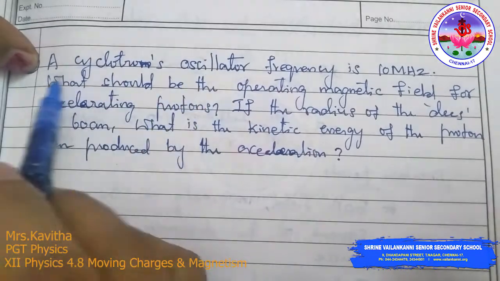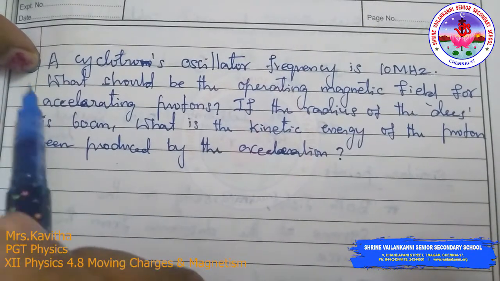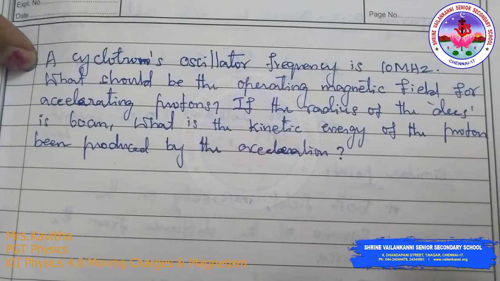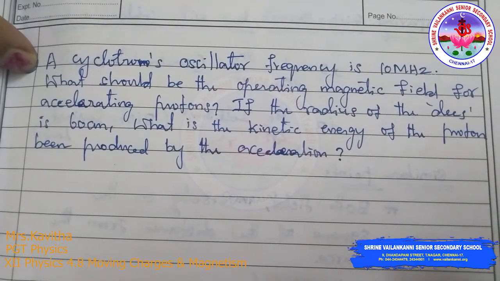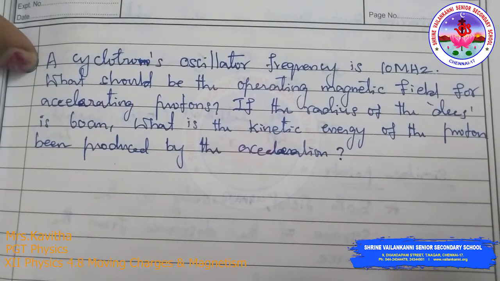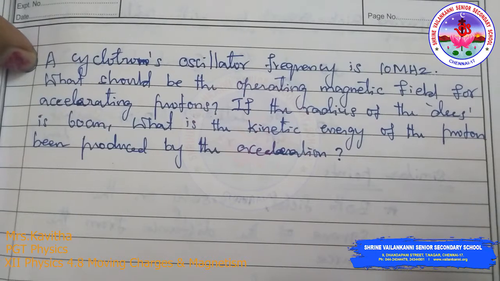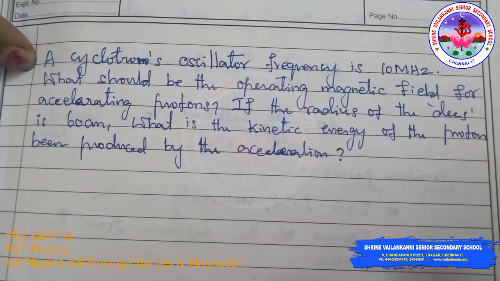A cyclotron oscillator frequency is 10 megahertz, and what should be the operating magnetic field for accelerating a proton? If the radius of the disc is 60 centimeter, what is the kinetic energy of the proton being produced by the acceleration?